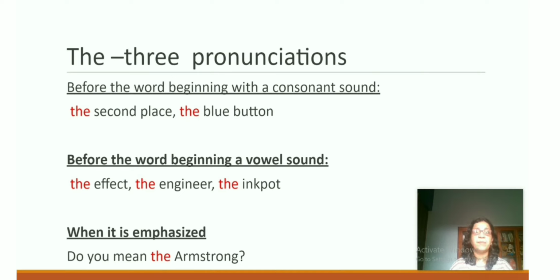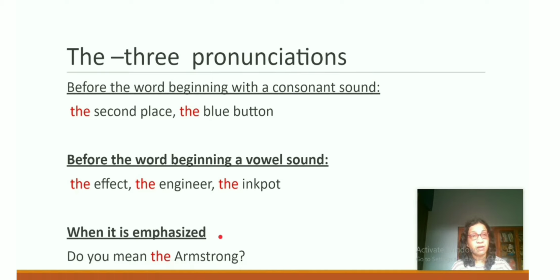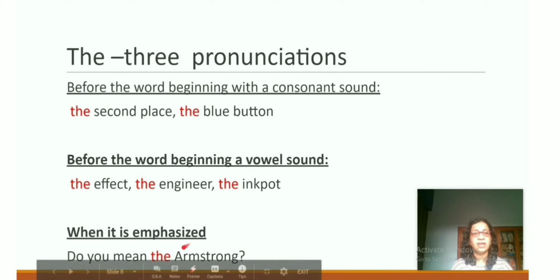It becomes "thee": the effect, the engineer, the import. But if it is used for emphasis, then you say, do you mean THE Armstrong? Here you use the longer vowel sound, "thee". So be careful with the pronunciation next time when you use it.